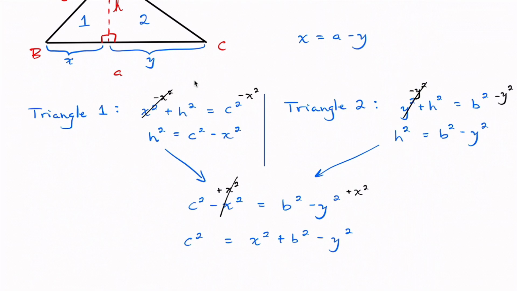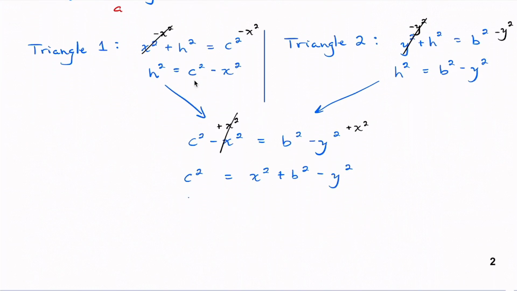And I'm going to substitute and change that down into here. So c squared equals, and then x is going to change into that a minus y. So a minus y squared plus b squared minus y squared. I'm going to worry about getting rid of the y squared later.